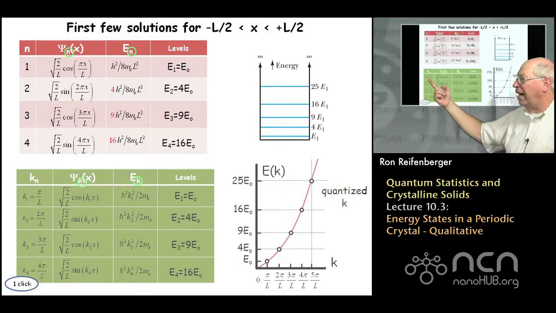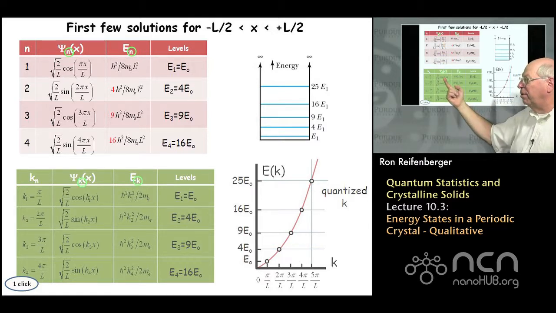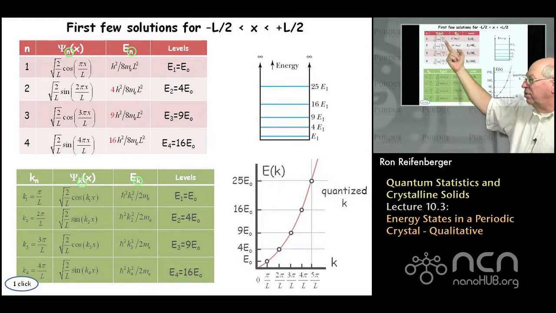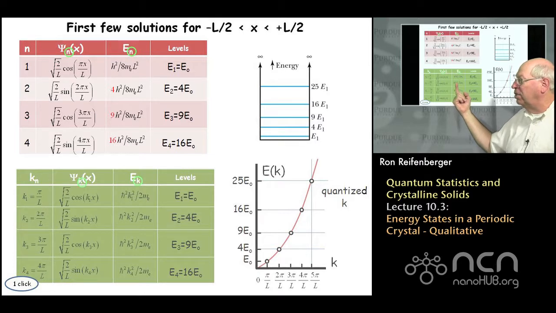And so you can define a wave vector k by just rewriting the eigenfunction in a very straightforward fashion, right? So you take out this pi over L, 2 pi over L, you call that a quantum number k, and then what you find is that the allowed energies are just h bar squared k squared over 2m, where m is the mass of the particle.